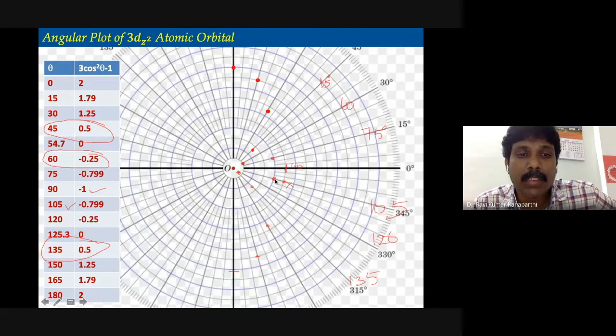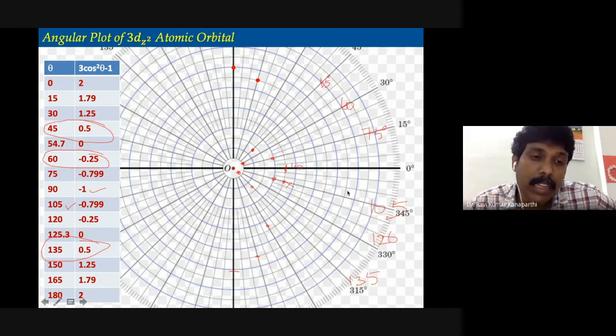Then when it is at 105, it is again decreased, and when it is 120, it is again decreased. Okay, and then at a value of 125.3, like 54.7 degree, 125.3 is the other angle at which the wave function becomes 0, and later on again it increases positively.